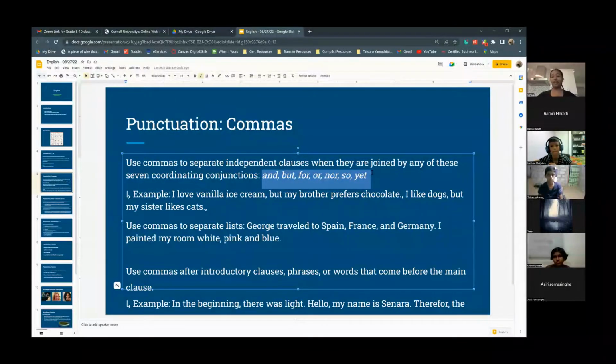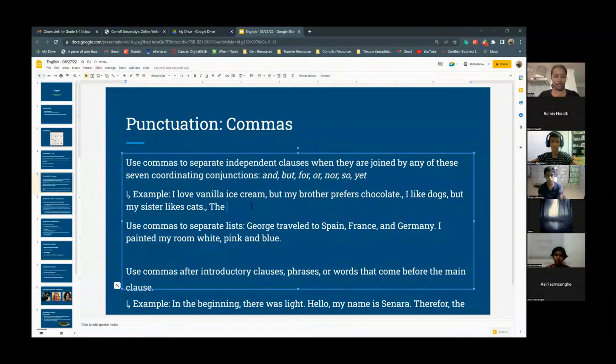Teacher, can I give an example? Yeah, of course. I like chocolate and vanilla. That would use a conjunction, but it wouldn't use a comma because remember, it doesn't have two separate independent clauses.